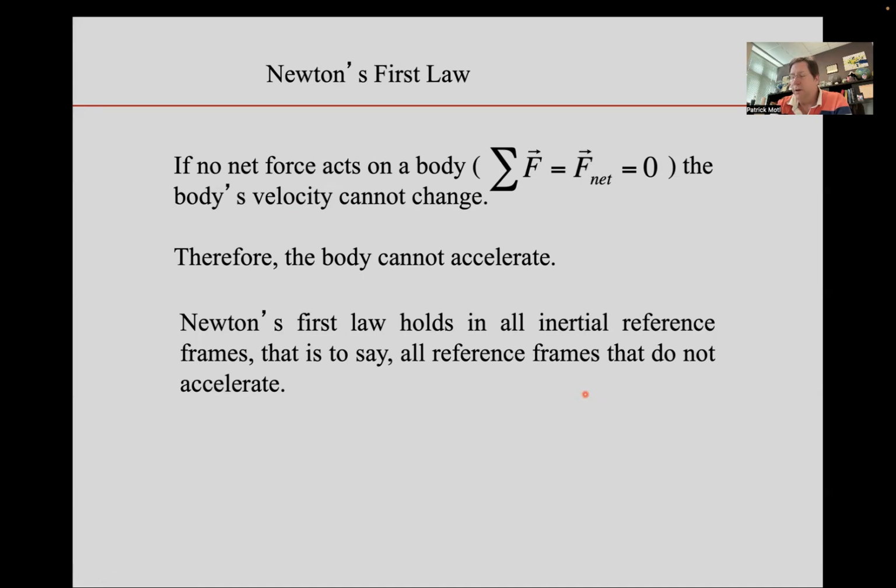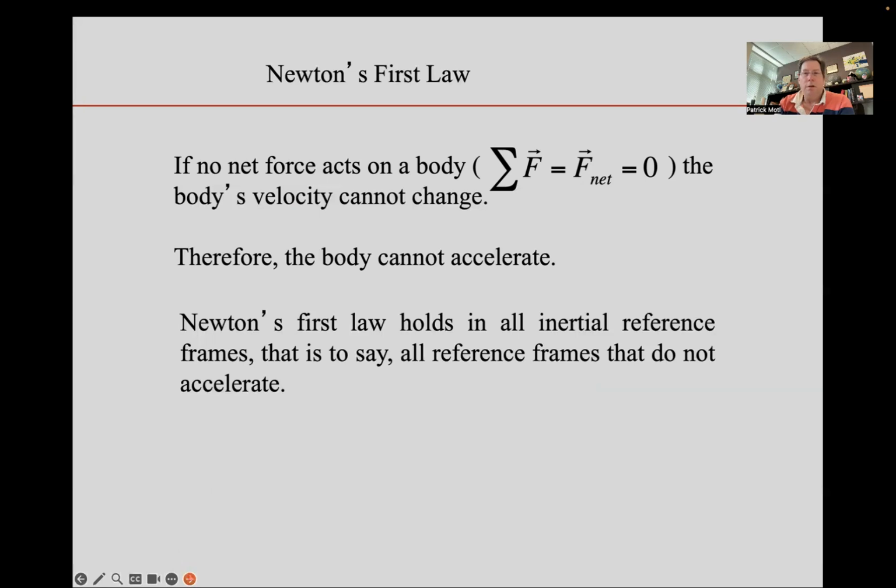You have fictitious forces for the Coriolis effect or the centrifugal force. So those are things that act like forces but appear because you have a reference frame that's accelerating. It's not foundational in the sense of Newton's first law of motion.